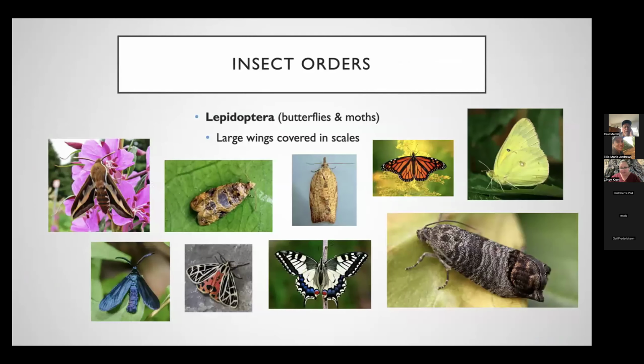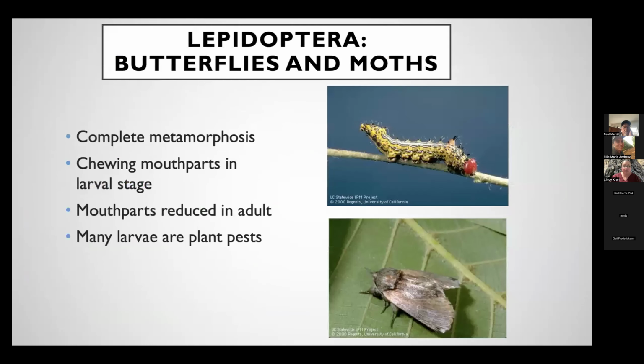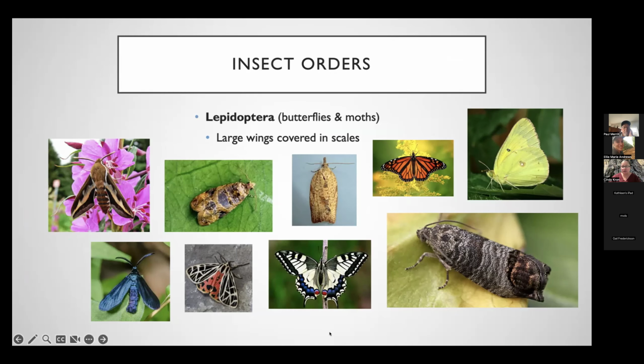Lepidoptera, which are your butterflies and your moths. So they have large wings and they're covered in scales. And to the naked eye, when we're looking at these photos, you're like, scales? I don't see any scales. But if you zoom in, I think there might be a slide. Hopefully, there's a slide later that shows that in the wings, each of these little different colors that you see is a scale.